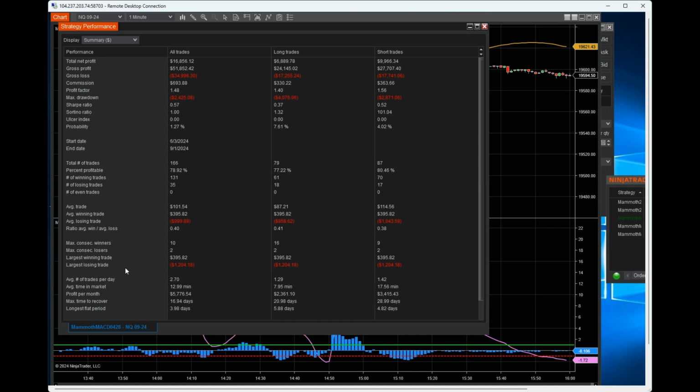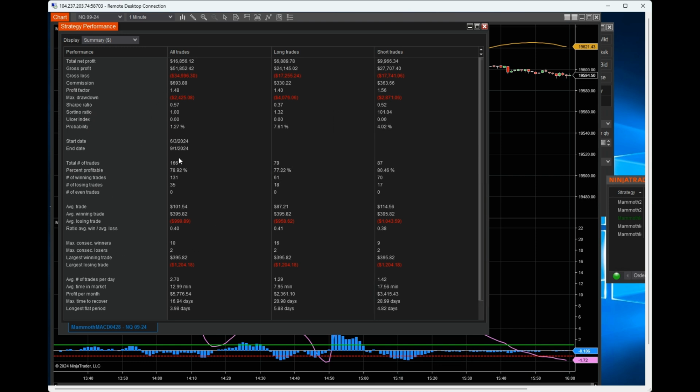The largest losing trade is 1,200, which is the 240 ticks. Nasdaq is $5 per tick. The largest losing trade basically hit a stop loss once. And the winning trade is 395, after commission and everything, which is 80 ticks on Nasdaq.